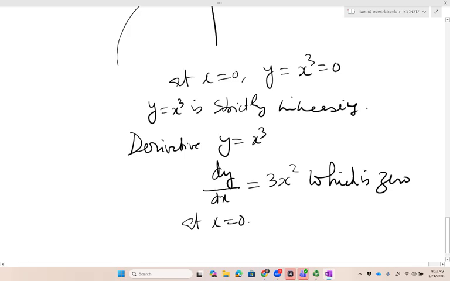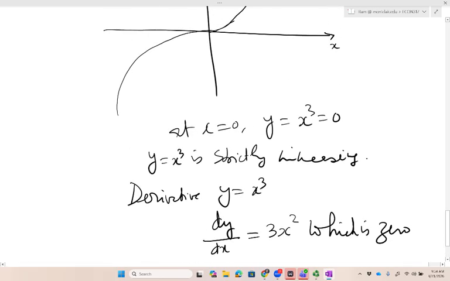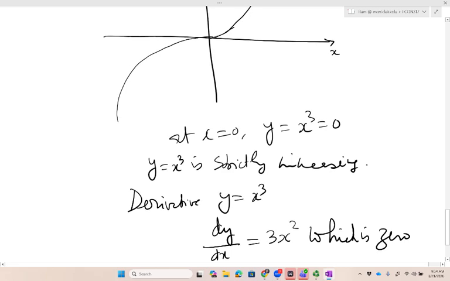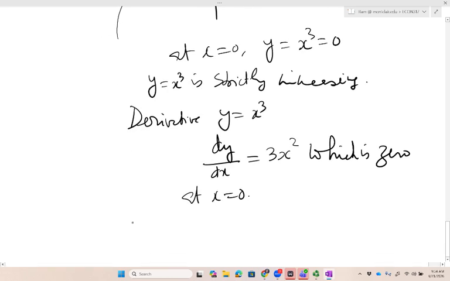But you can see from this graph at x equal to 0, the derivative is 0, but the function is neither a maximum nor a minimum at x equal to 0. So I'll write it.